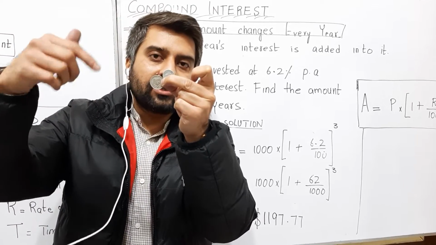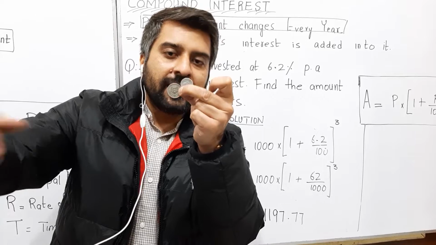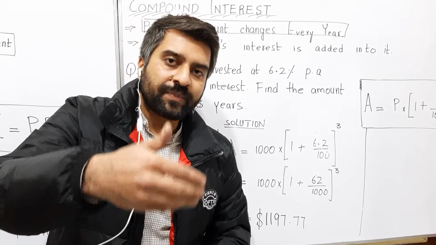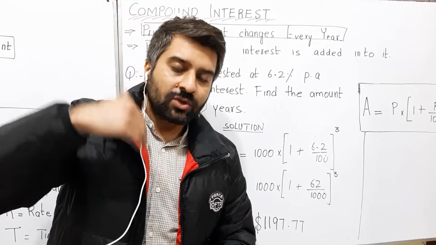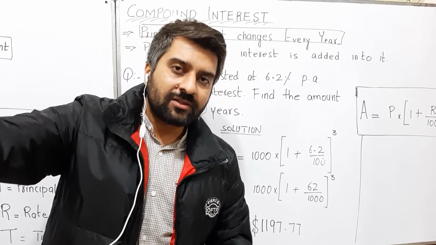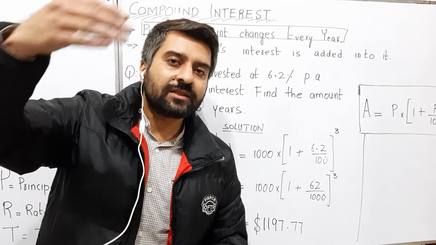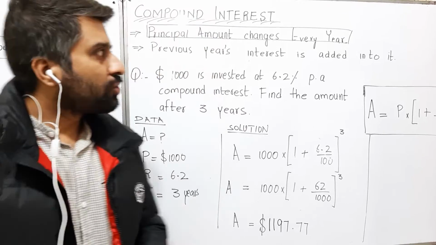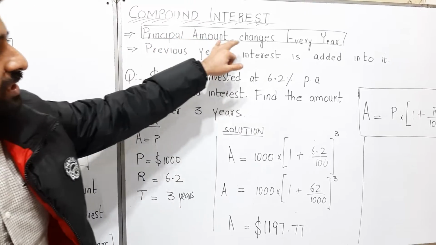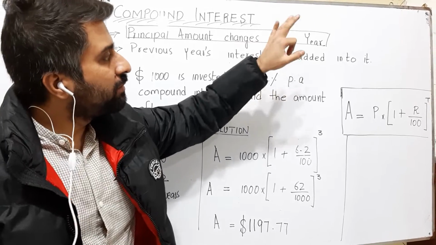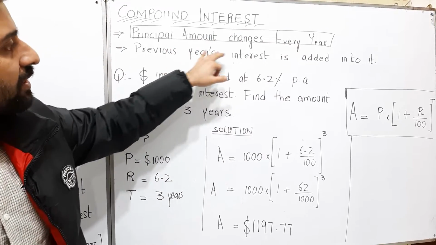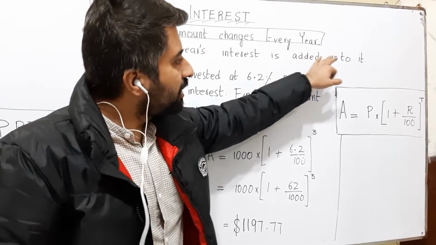In the same way, every year interest will be added to the principal amount, and in the next year you will compute the interest on the new amount, that is principal plus interest of the previous year. So here the principal amount changes every year because previous year interest is added into it.